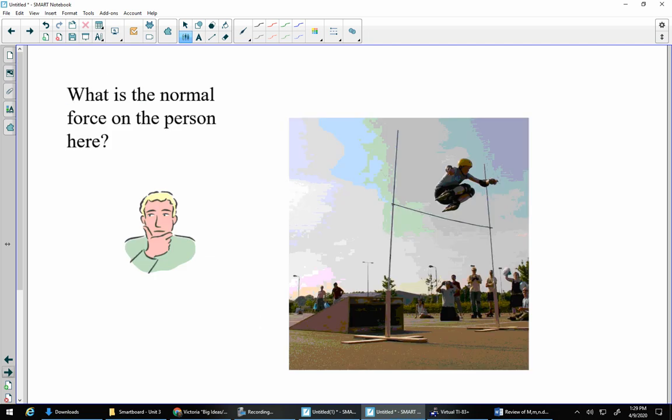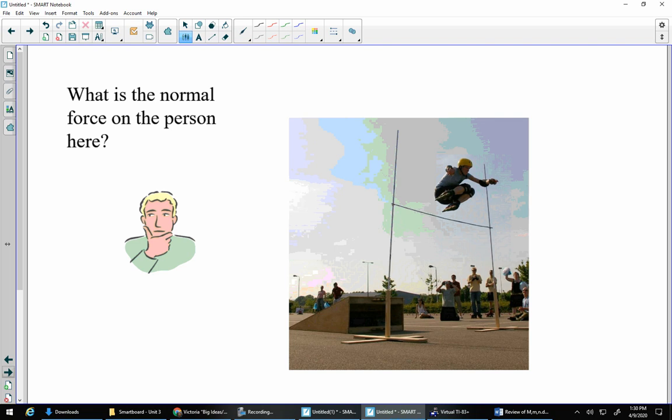Cool. What about in this kind of situation? So it looks like this person is doing a high jump competition on rollerblades. I hope there's something to land on. Landing flat hurts so much. But is there normal force acting on this person? That's the question, right? So if normal force is pressing together between two surfaces, there's not really a surface that she's pressing on.